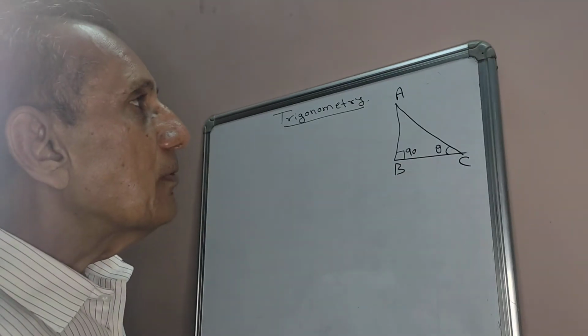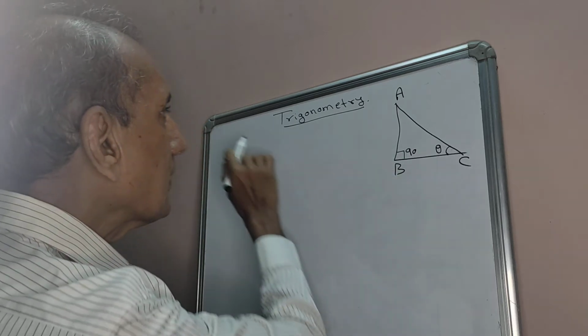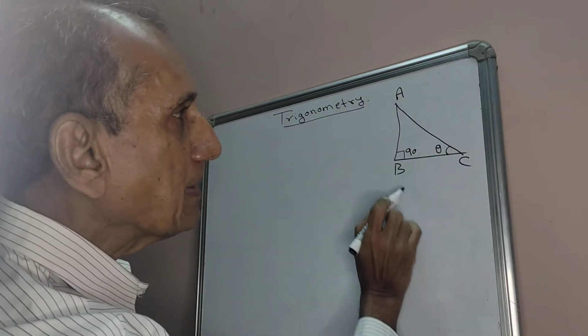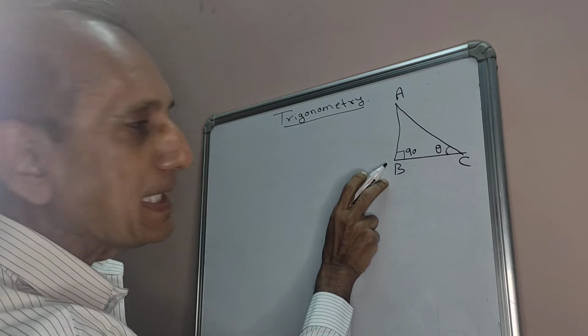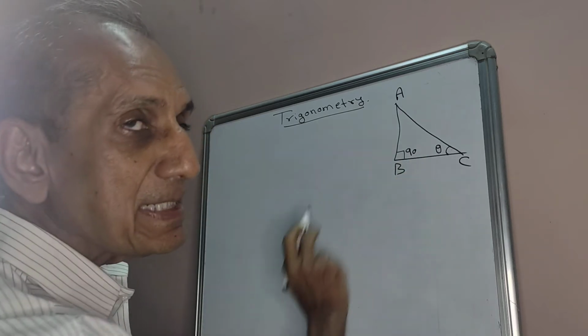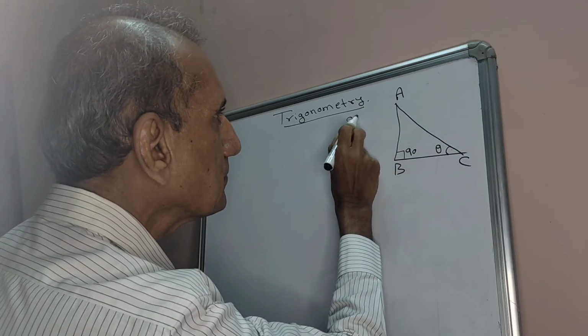Now what we do is the six ratios. We will try to summarize it. But before that, let me tell you, the side AB we find opposite to this angle theta. Hence, we call this AB the opposite side.